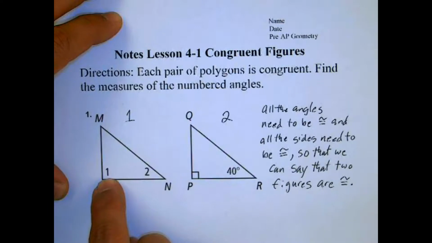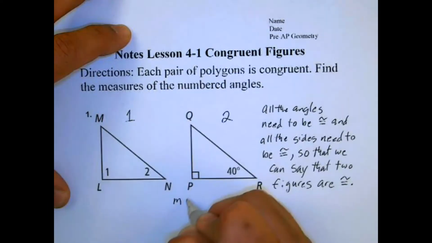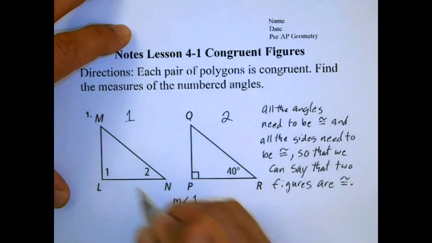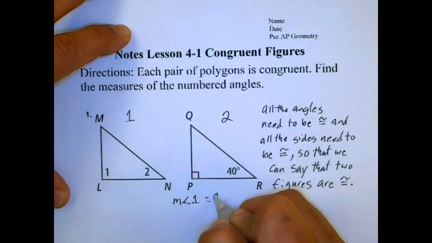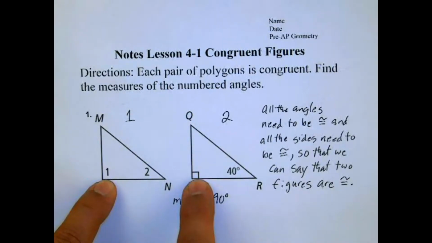So what can we say about the measure of angle number 1? Well, since they are congruent, the measure of angle 1 is equal to 90 degrees. Remember, all the angles need to be congruent and all the sides need to be congruent so that we can say the two figures are congruent. We already know the two figures are congruent, so angle 1 corresponds to this angle.